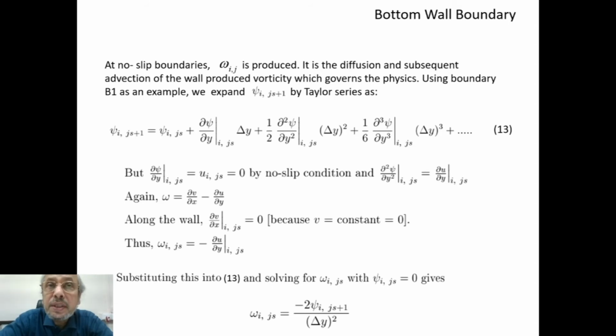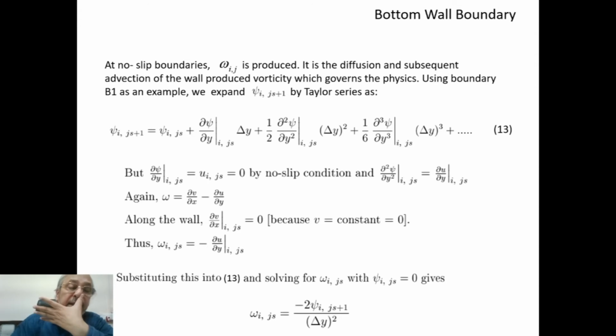So the U velocity gradient is del U del Y. Since del U del Y is being created, this will finally culminate into a non-zero term of del V del X minus del U del Y within the boundary layer. And this is how the vorticity is generated.